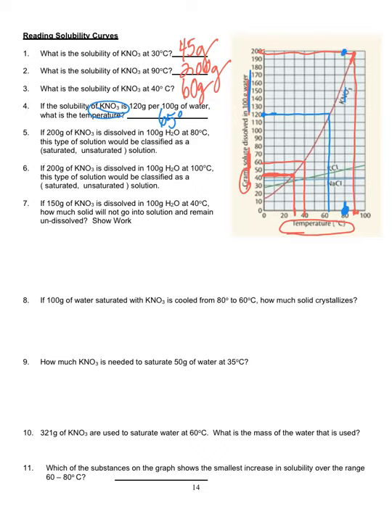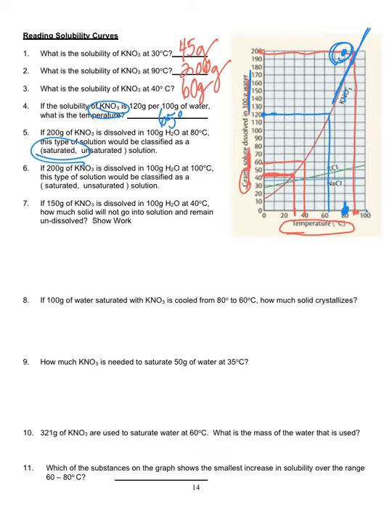What type of solution would that be? Well, the line is down here, and you're telling me that you're putting 200 grams in way up there. So because it's over the solubility line, that means that it's saturated. It can't hold anymore.